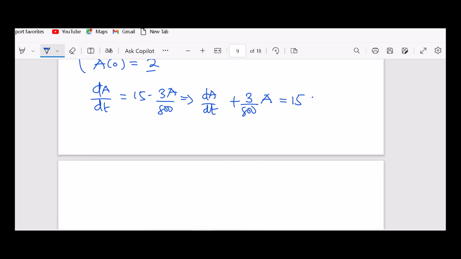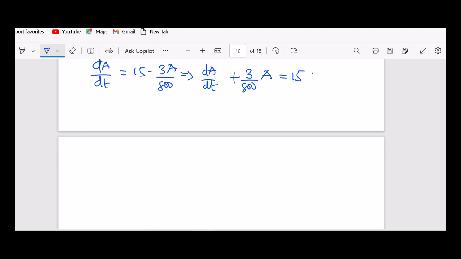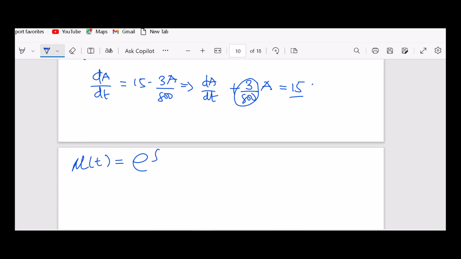This one we can solve by the method of integrating factor. This is our P, this is our Q, so we can write mu of t equals e power the integral of 3 over 800 dt, and when you do this you get e power 3 over 800 t. This is our integrating factor.